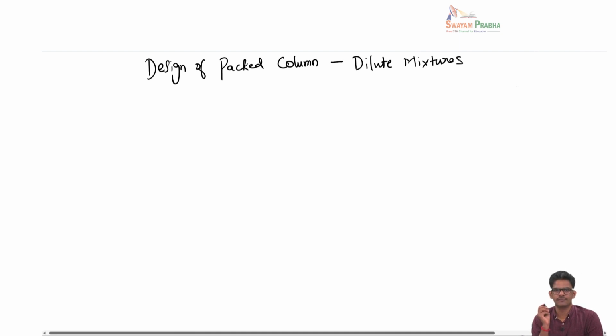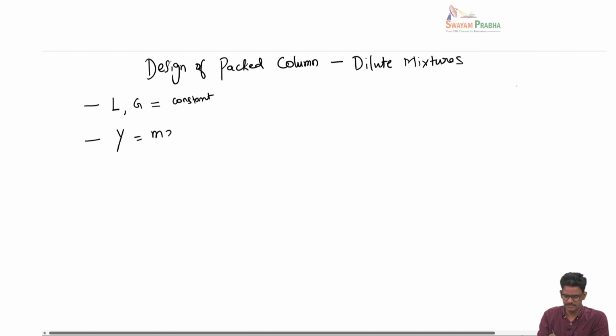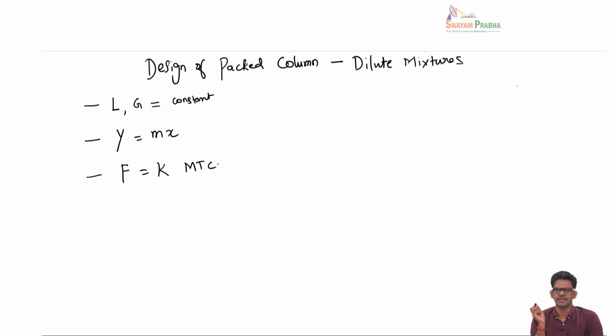The assumption of a dilute mixture lets us assume that the liquid and gas flow rates are nearly constant across the column, that we can use a linear equilibrium line, and that the F type and K type mass transfer coefficients can be used. Okay, so these are some of the approximations we can make when we deal with dilute mixtures or dilute solutions.